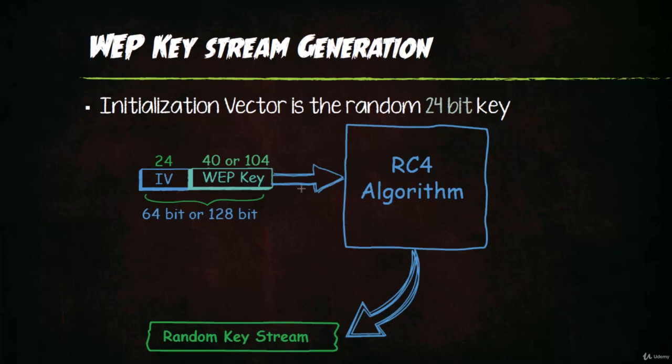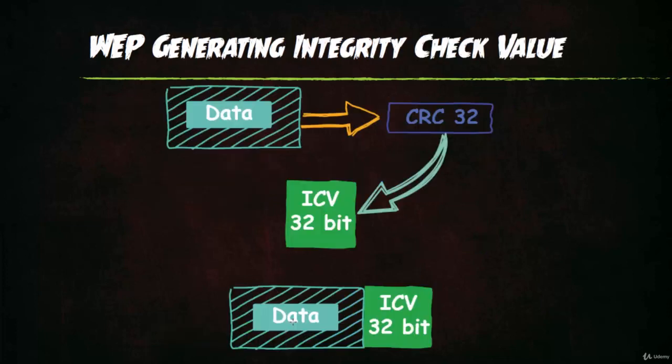And then we pass this 128-bit or 64-bit key to the RC4 algorithm. This algorithm generates a random key stream. This random key stream could be a very long random key value, and we will keep this into our pocket right now and see how we can use it. So this is how we generate a random key stream.